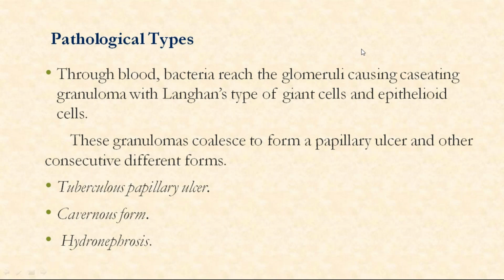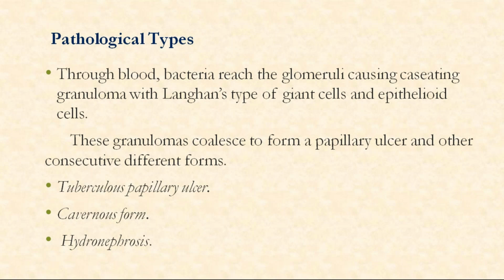Now we have to talk about the pathogenesis of renal tuberculosis. Once the bacteria enter the kidney, they enter the glomeruli, and from the glomeruli they enter the tubules. Usually the tuberculosis contains Langerhans giant cells. When you examine histologically, the glomeruli contain Langerhans giant cells and epithelioid cells.